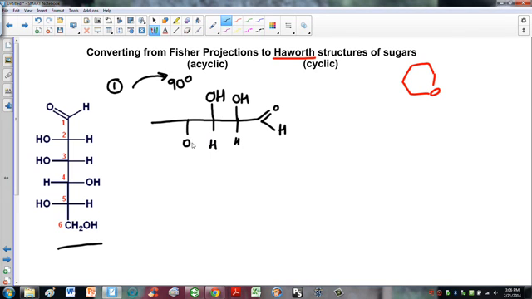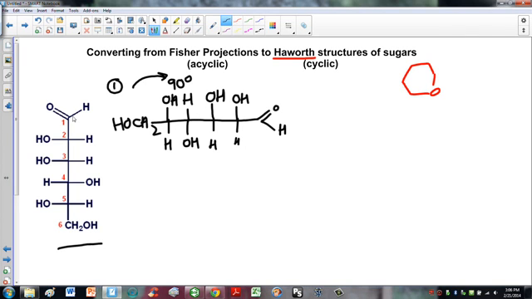We've got the OH down and the hydrogen up. Then when we get to carbon 5, we have the OH up again, as we had for carbons 2 and 3, and the hydrogen down. And then right at the end here we have our carbon with the 2 hydrogens and then the OH.